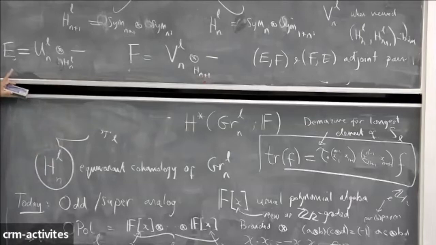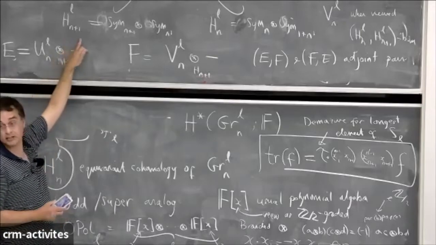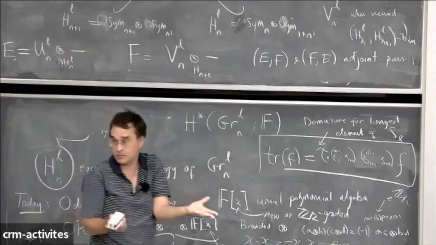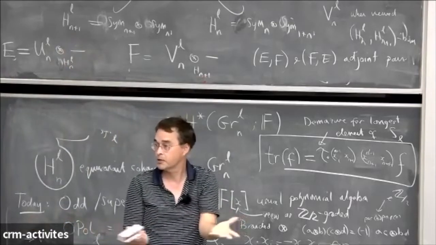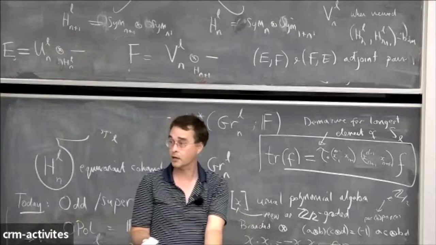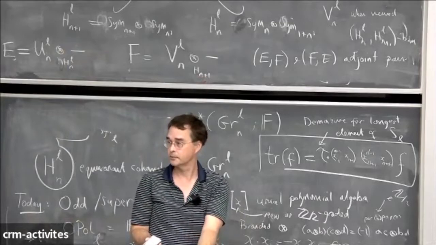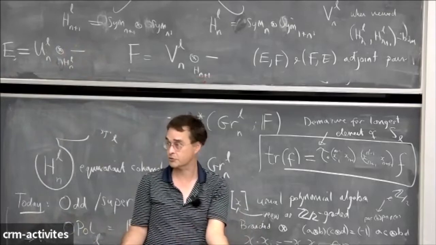So this classical story, what's going on here? I'm going to look at the Grothendieck group of the categories of H_n modules for all n. Now, H_n just looks like a polynomial algebra. So it's got one indecomposable graded projective module up to grading shift, which is just the regular module.